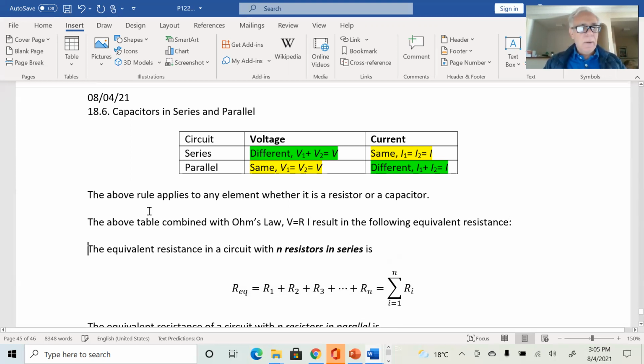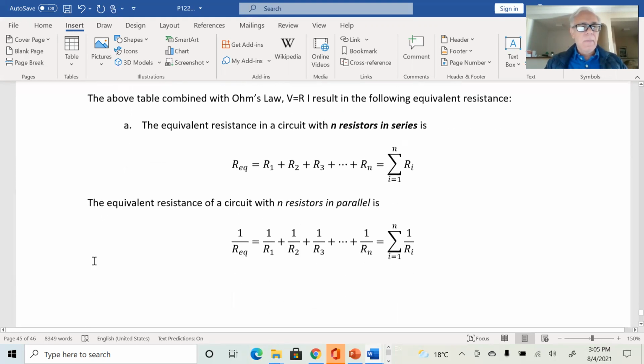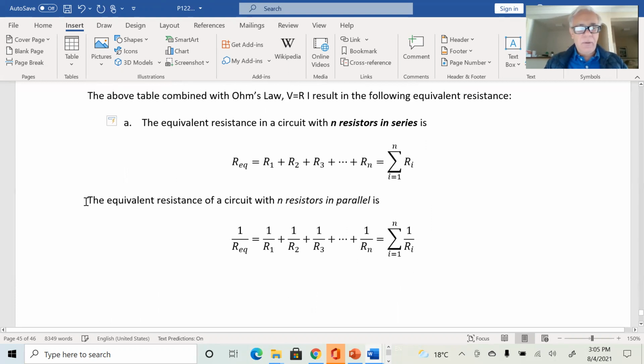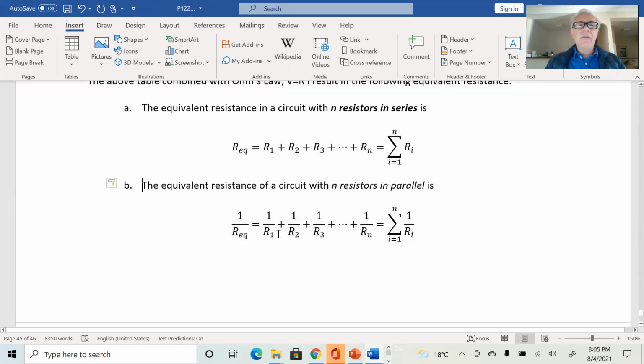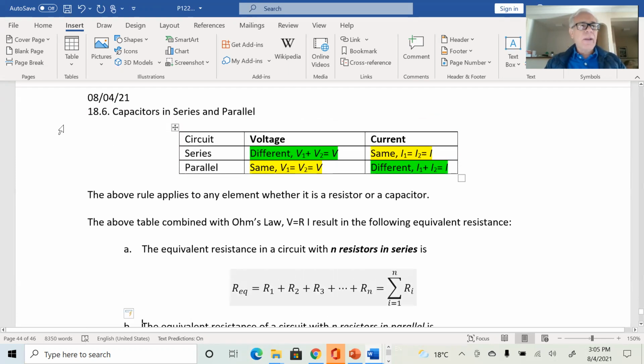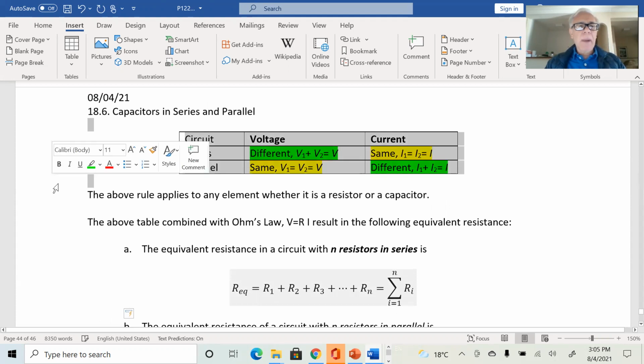For N resistors in series, we get something like that. For N resistors in parallel, we get something like that. These two results are a combination of what you see in this table plus Ohm's law.